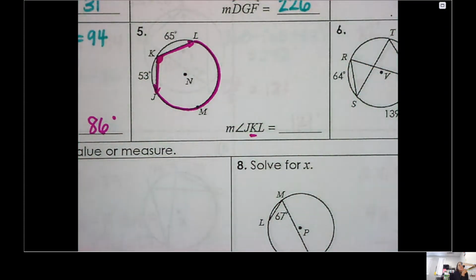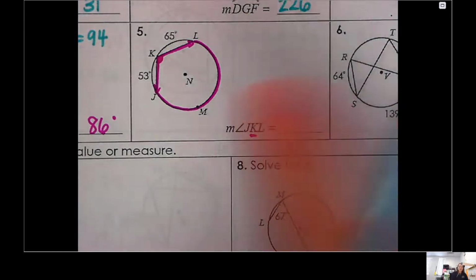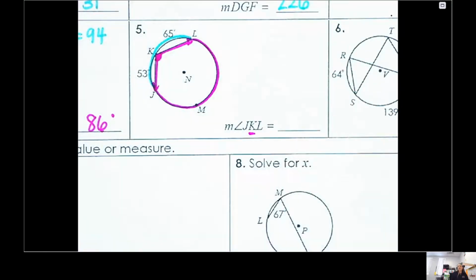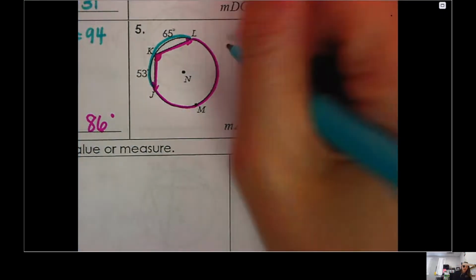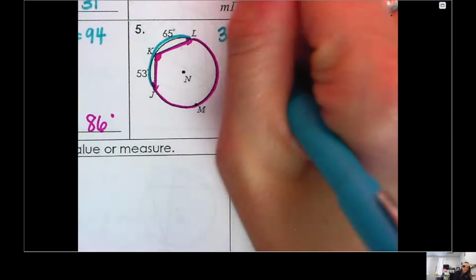Okay. Yeah, so to figure out this pink piece, we can take away these 2 blue pieces from the whole thing. And the whole thing is? Yeah, you can add them and subtract them from 360. Yes, you can.